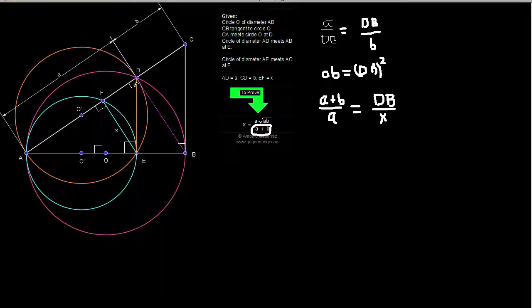So this altitude compared to this altitude, that's where I get the DB over x. So this is my similarity ratio that I'm using. Now let me take these two equations and solve them. This equation right here tells me that the square root of AB is equal to DB.